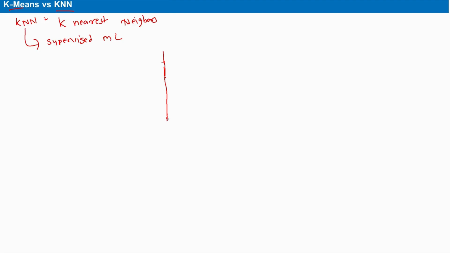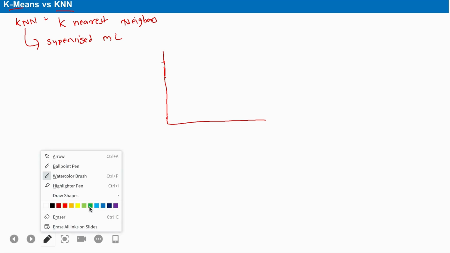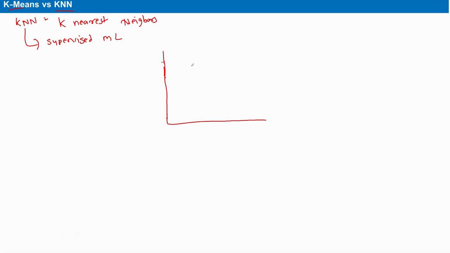And in this data set, you have some positive points and some negative points. So that I will also plot. As I said, KNN works as a supervised machine learning algorithm, and inside a supervised machine learning algorithm, for each data point we have the label.